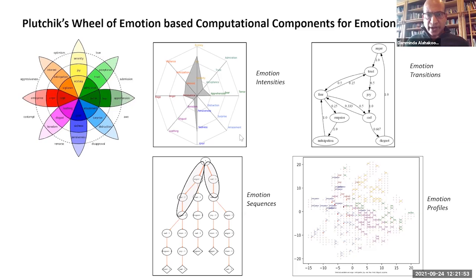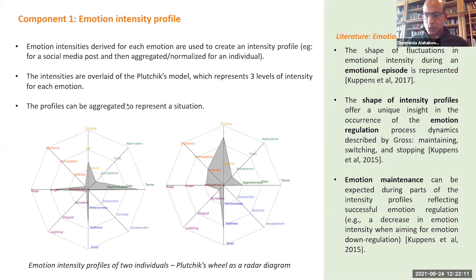What you see on the right are 4 computational components for emotional modeling that we have developed, where the underlying foundation has been Plutchik's wheel of emotion. I'll quickly run through each of these components to give you an understanding of what each looks like and its key value and use.